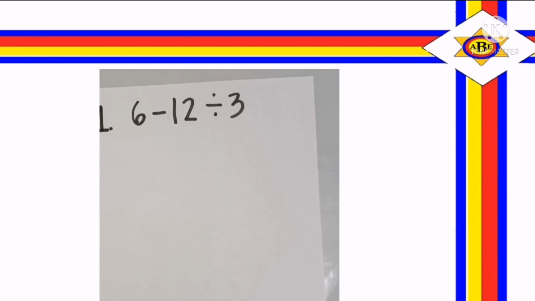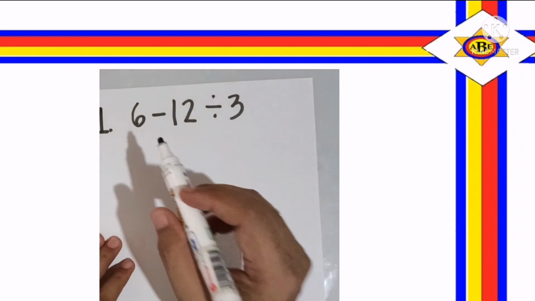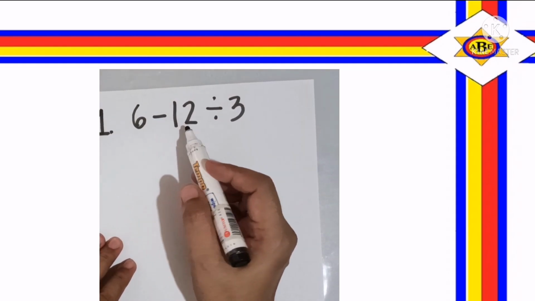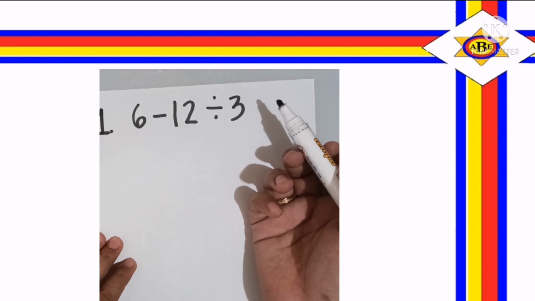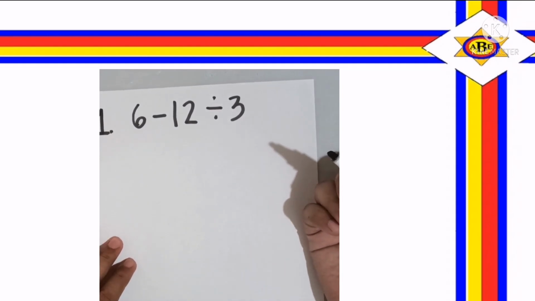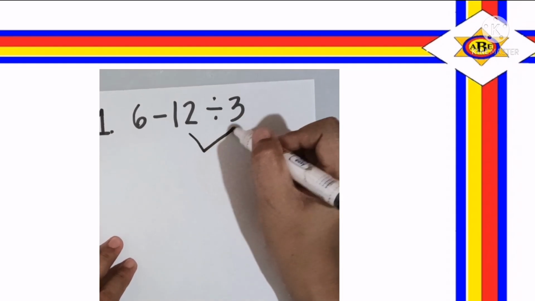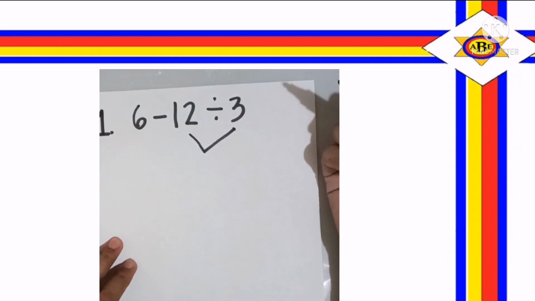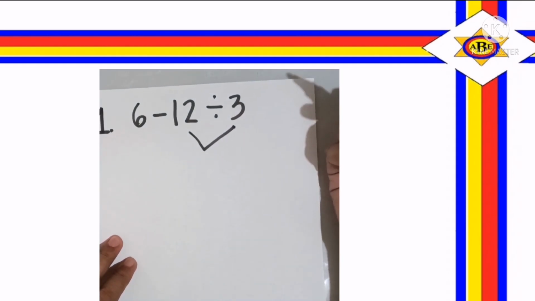Let's have example number 1 for addition and subtraction of algebraic expressions. We have 6 minus 12 divided by 3. The first thing that we're going to do is to divide the 12 and 3. So, what do we have? That is 4.